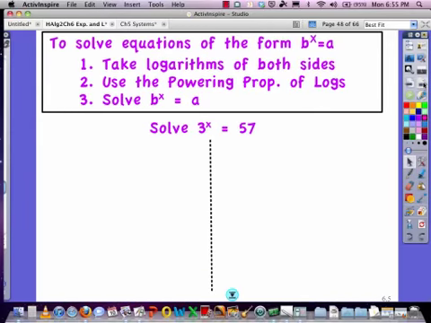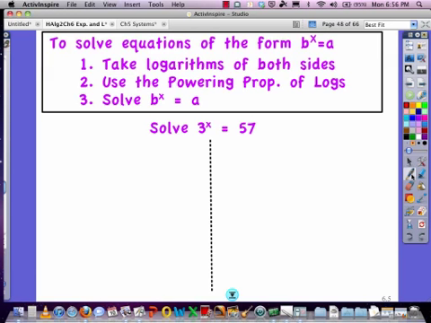Now, the problem has been we are solving equations in the form y equals b to the x. And when we solve those, we have a base that tends to be not a base 10 number, a power that's unknown, our variable, and that it equals some value. And that value usually is not a power of your base.